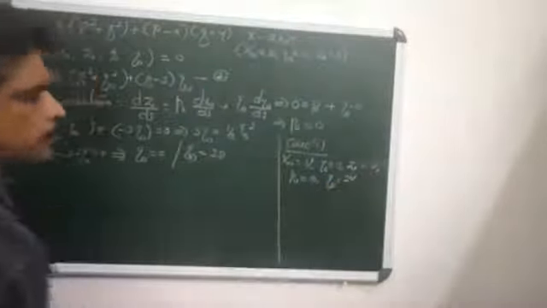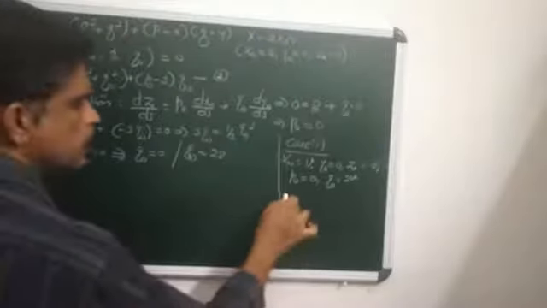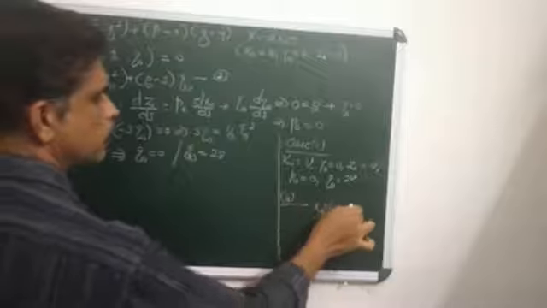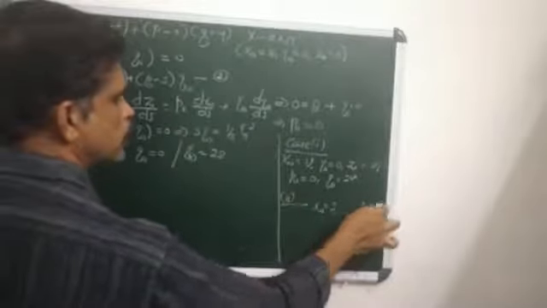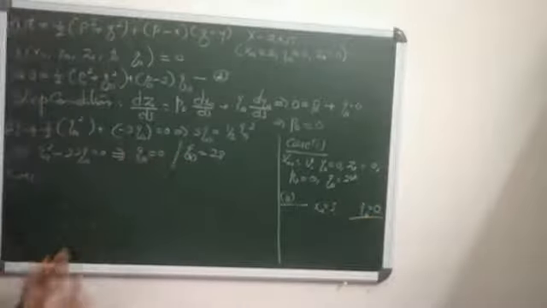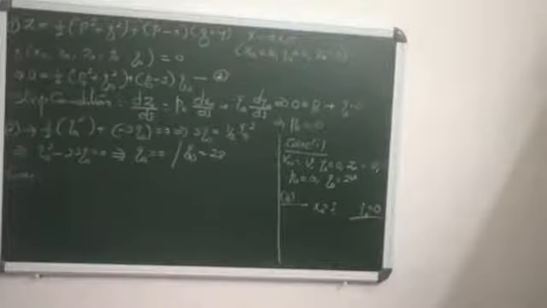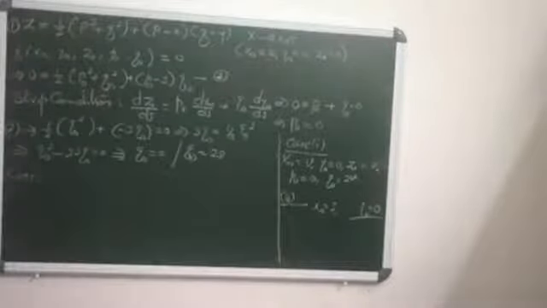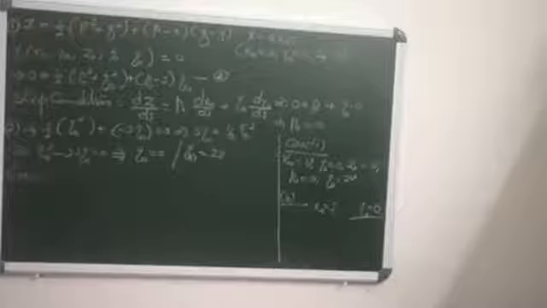This is the first case. The second case is where x naught equals v, y naught equals 0, and q naught equals 0. So two cases arise: first, q naught equals 2s, and in the second case q naught equals 0.